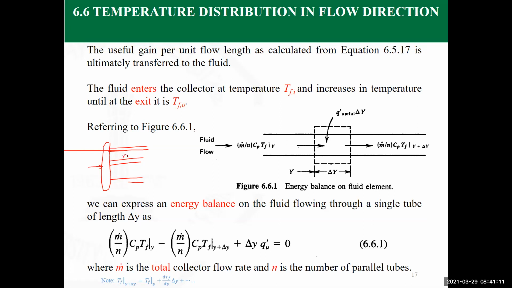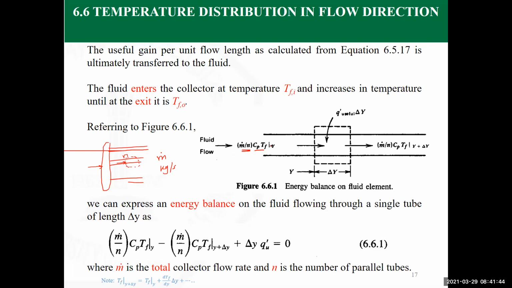So if you have n number of tubes, and the total flow rate is m kilogram per second, the flow rate in a single tube, since we are now considering a control volume in a single tube, is the flow rate m divided by the number of tubes. It gives me the flow rate in one tube, which is this quantity here, into the enthalpy of the fluid entering this control volume. And the enthalpy is given here as Cp into the temperature, Tf.